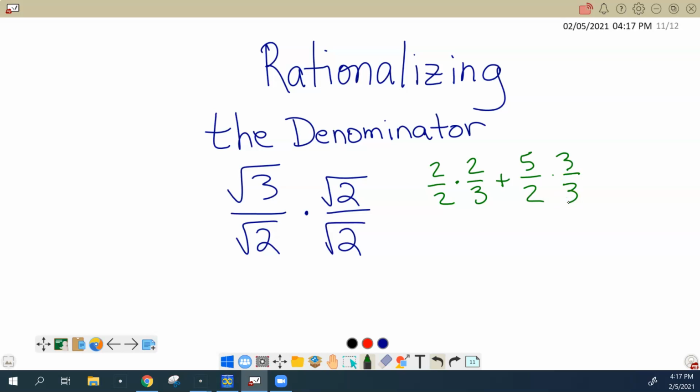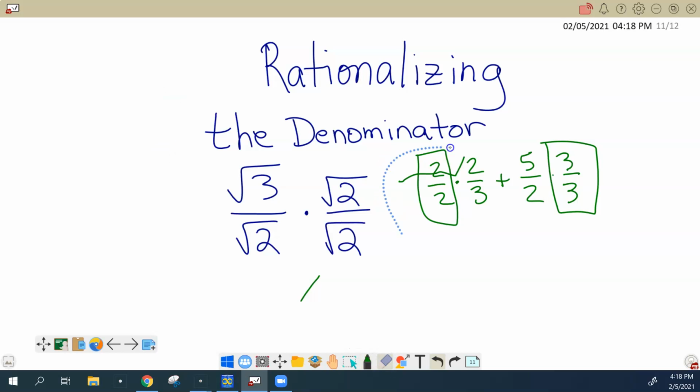It's the same exact thing. This is a form of 1. This is a fancy form of 1. It doesn't change the value. Well, you can do the same thing with radicals.